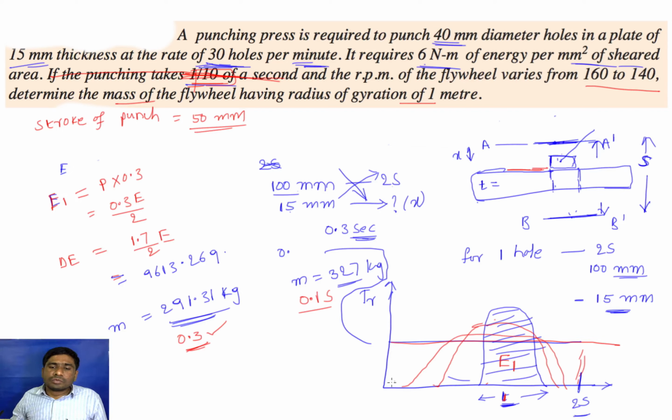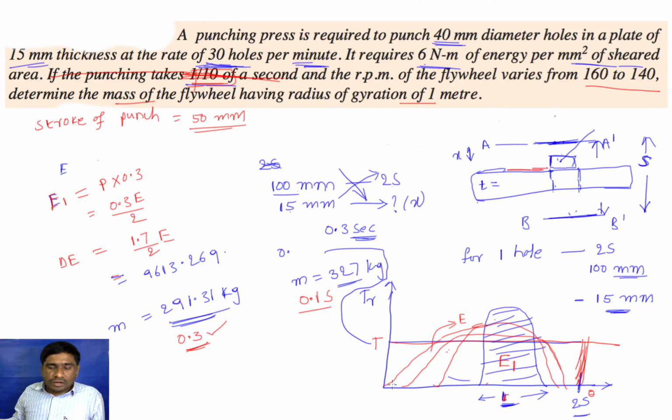This is the area, or energy, required to make a hole, and if you further increase, it becomes like this, and that means the energy required to make a hole is approaching the energy provided by the motor. Why?